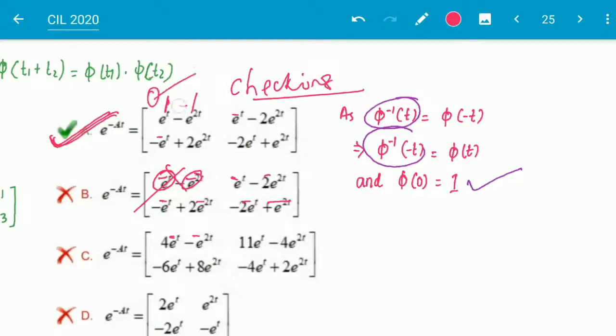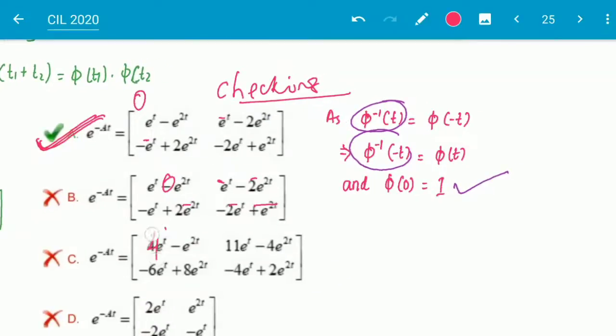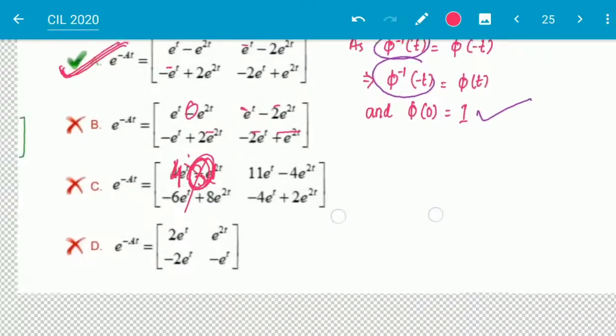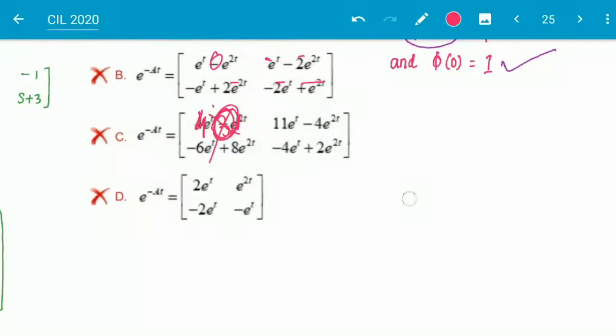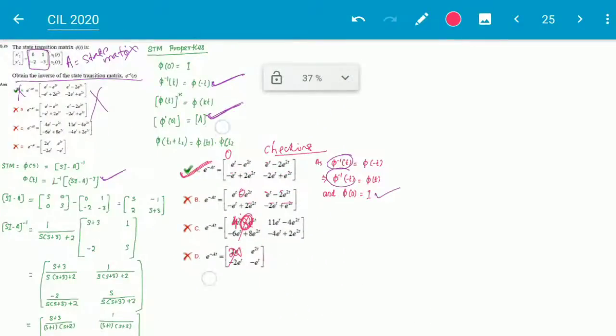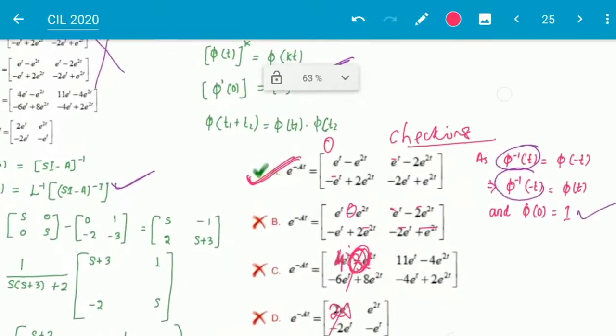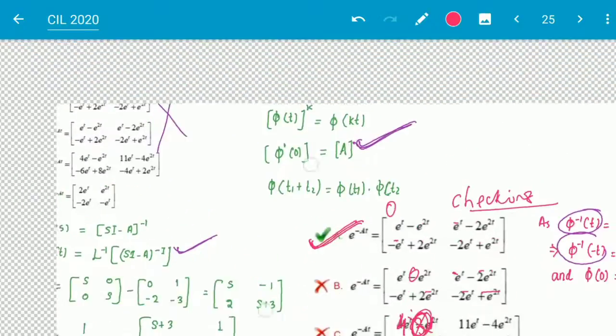This one is 0, not the answer. And here also 1 minus 1, this is also 0, not the answer. And here 4 minus 1 is coming to be 3, this is also not the correct answer. This is coming to be 2, this is also not the answer. So none of the options given in the question is the correct answer.